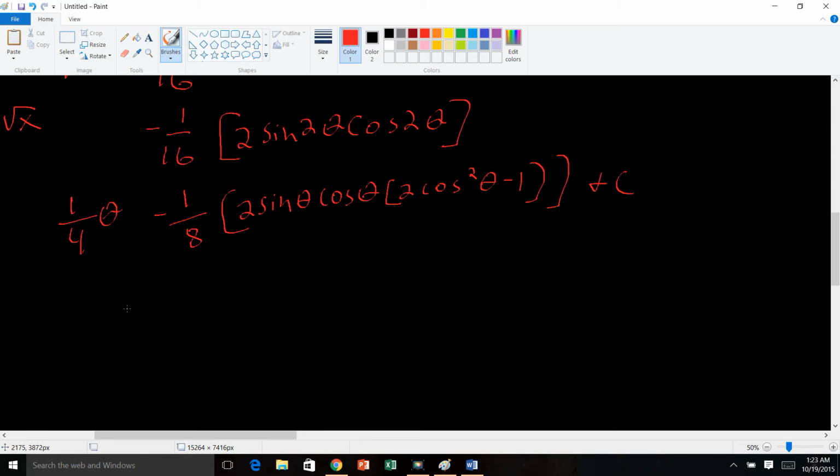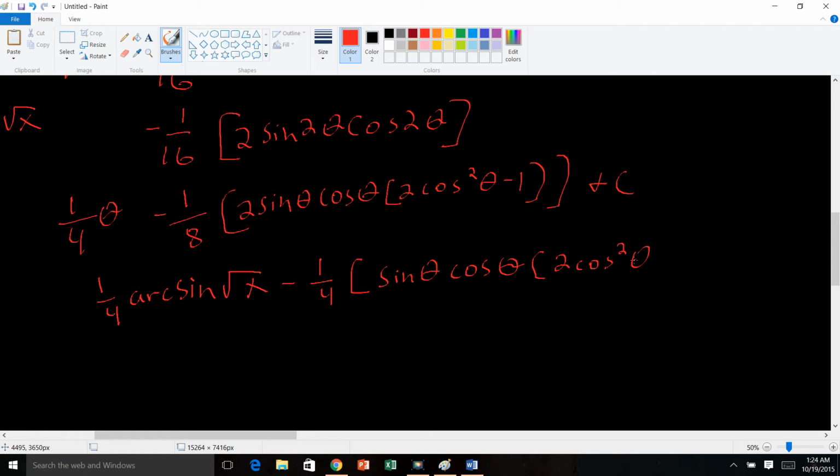So we're left with 1/4 arc sine square root x minus, let's bring our 2 out, minus 1/4 sine theta cosine theta, and we have still our 2 cosine squared theta minus 1, plus c.